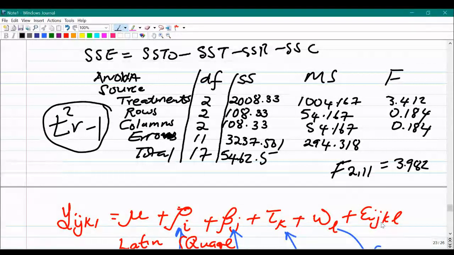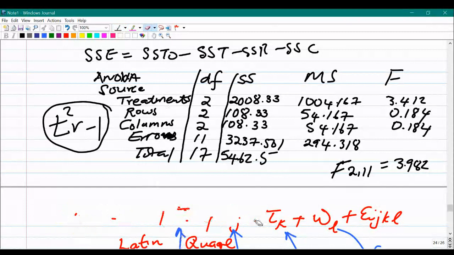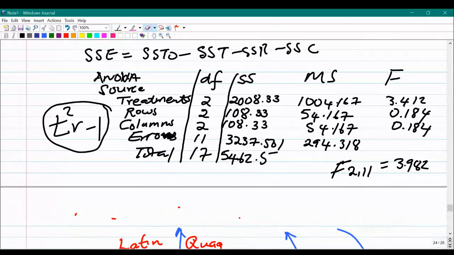But now we assume that you understand when we say testing for the treatment, testing for the blocks. So there is a quicker method of testing. Now you have to test for three things: the rows, columns, and the treatment. So the best way of doing this, here's an example, guys. Let's do this one together.